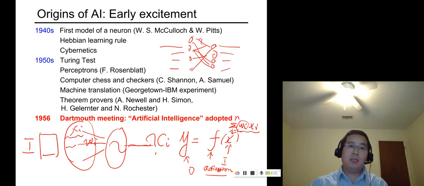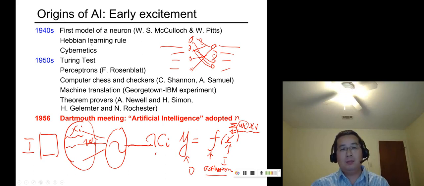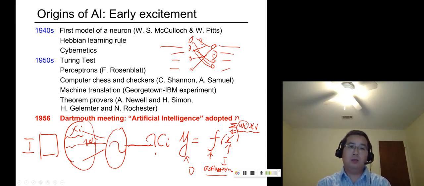So here is how we can train the neuron to learn the weights. Here we have the Hebbian learning rule. Hebb is a person, Herb, and it is named after his name. Anyway, when we talk about neural networks, we cover this part, so you understand what was going on in the past.